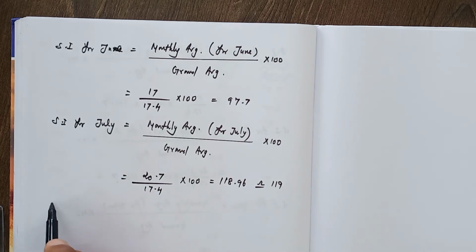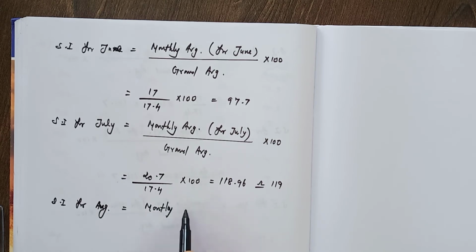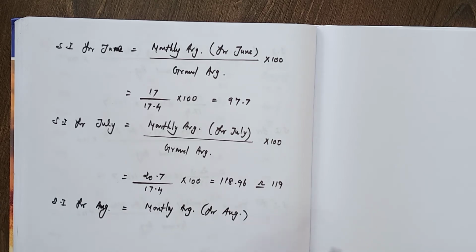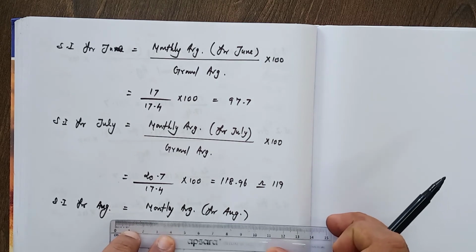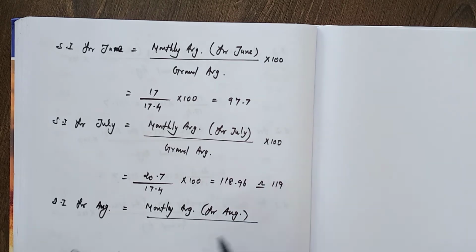Okay. Now seasonal index for the month of August equals monthly average for the month of August divided by grand average into 100.